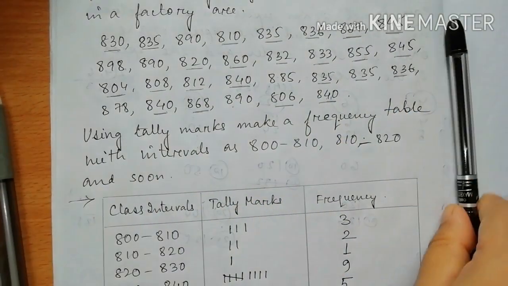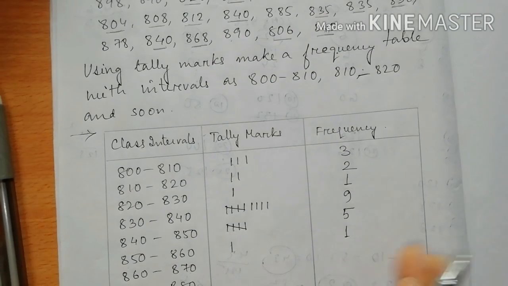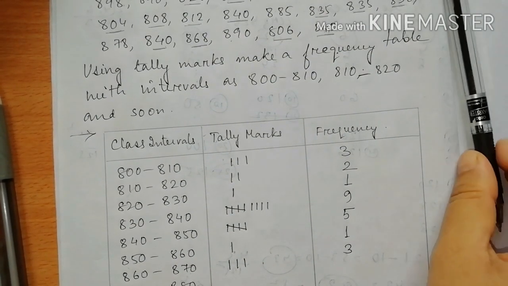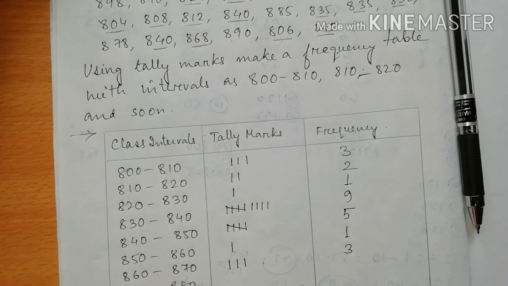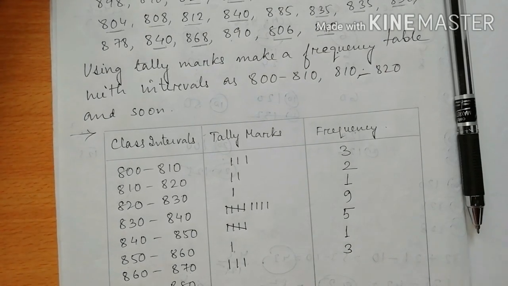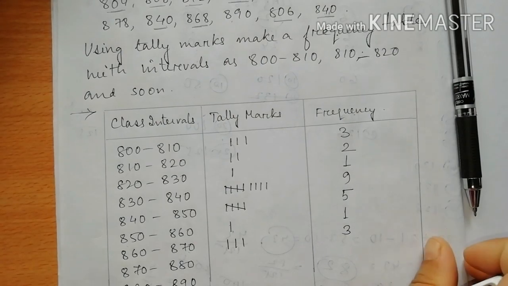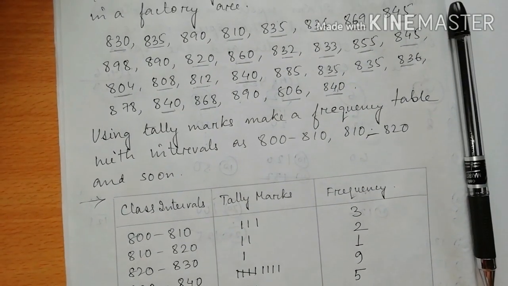So we got 3 numbers, frequency 3. Then 870 to 879, tens digit 7.